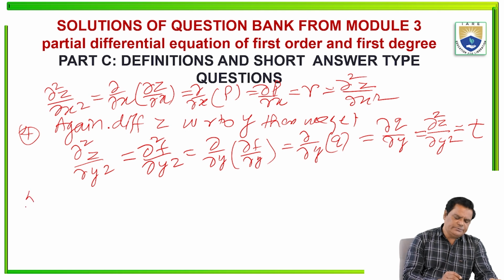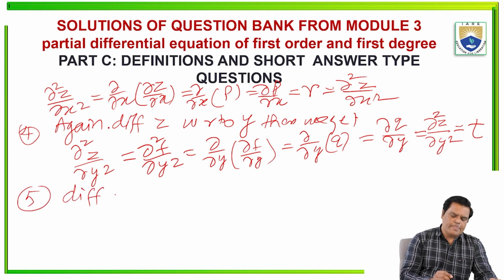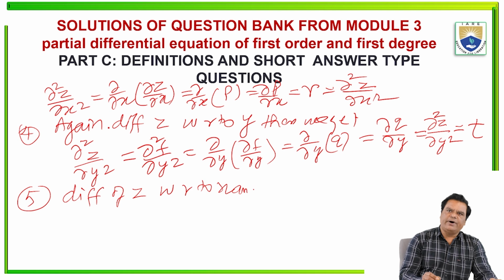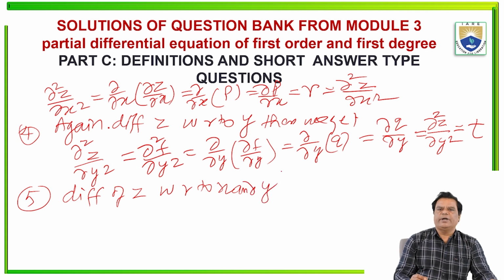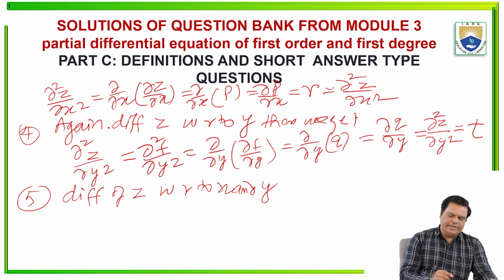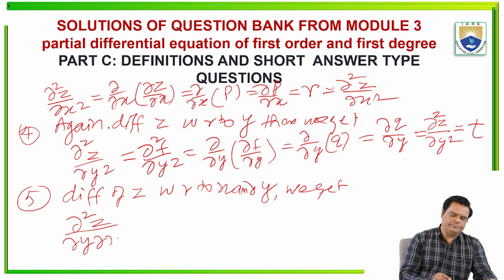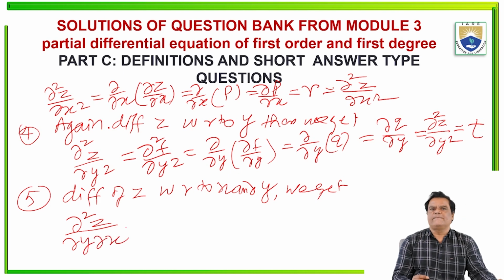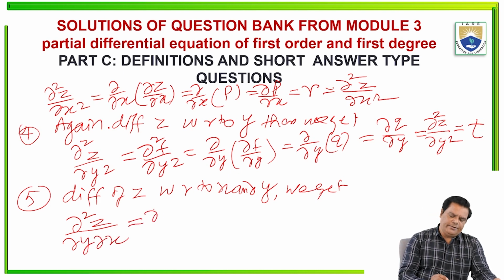The fifth point is differentiating z with respect to x and y. So here we get dou 2 z over dou y dou x, or we can write dou 2 z over dou x dou y.